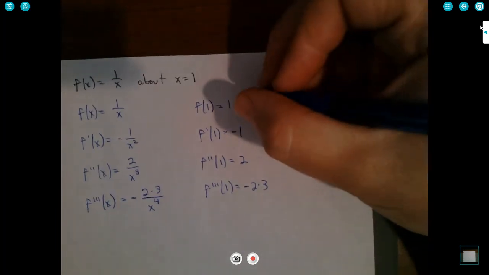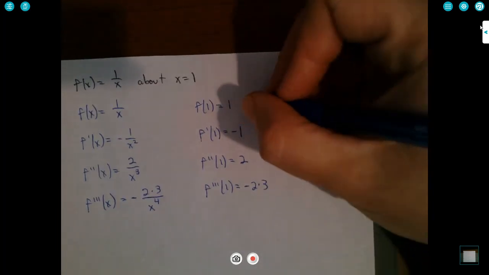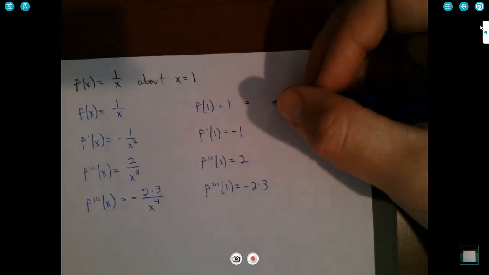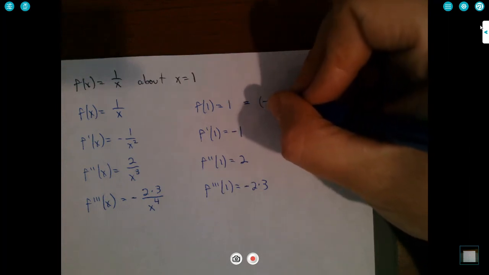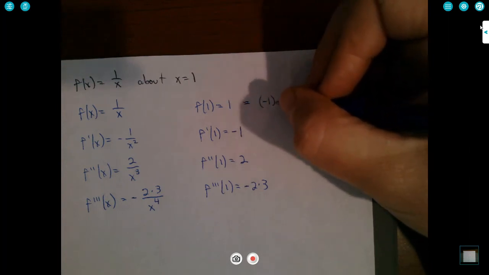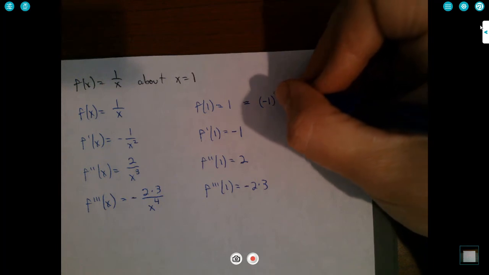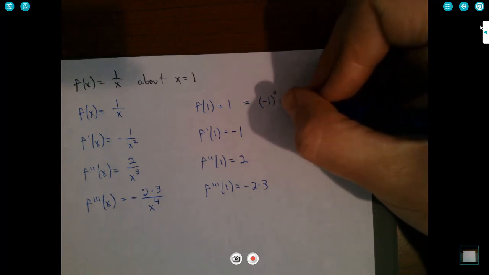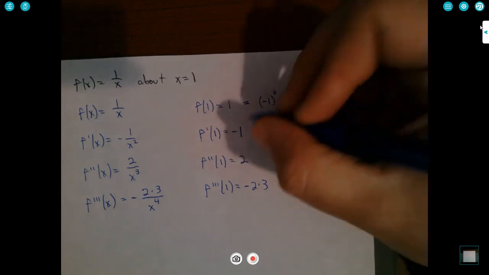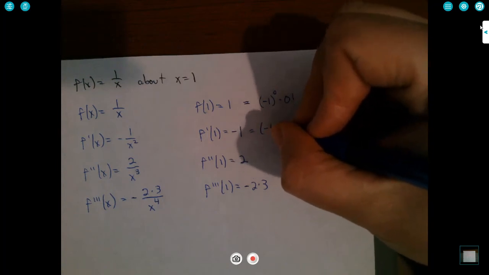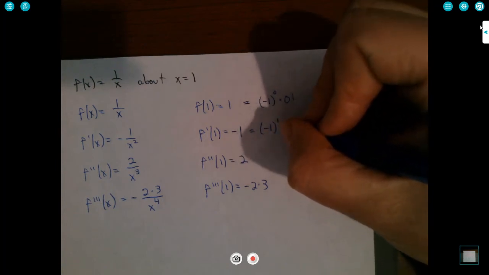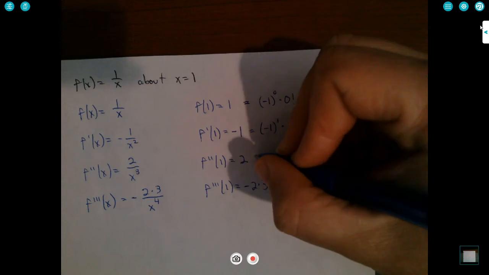So that's not bad. So I'm going to say this is negative 1 to the 0th power times 0 factorial. This is negative 1 to the 1st power times 1 factorial.